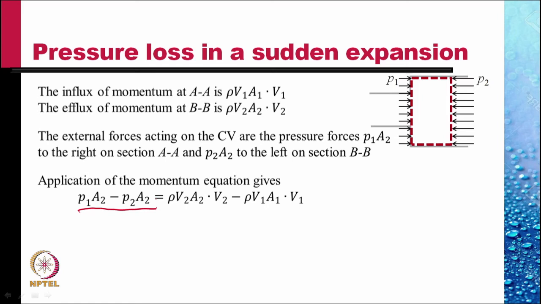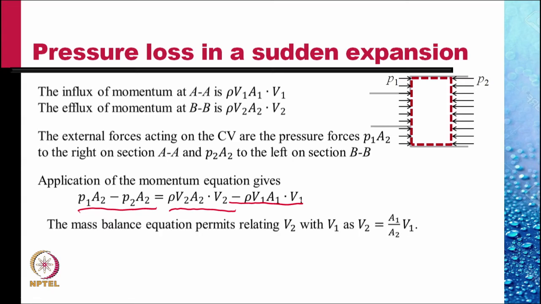So efflux at BB, which is rho V2A2 into V2, plus the efflux at AA. But the efflux at AA is negative of the influx at AA. So it is minus rho V1A1, the mass flux times the velocity V1.